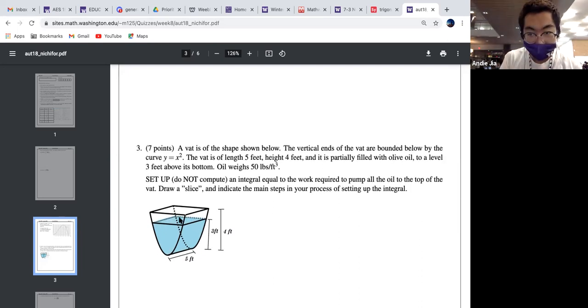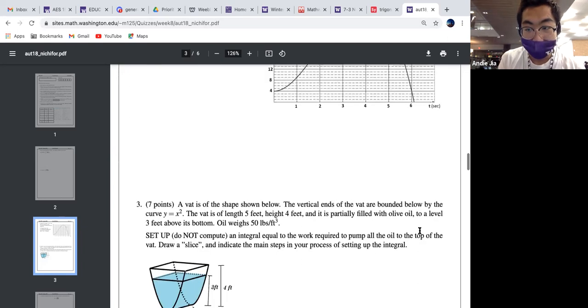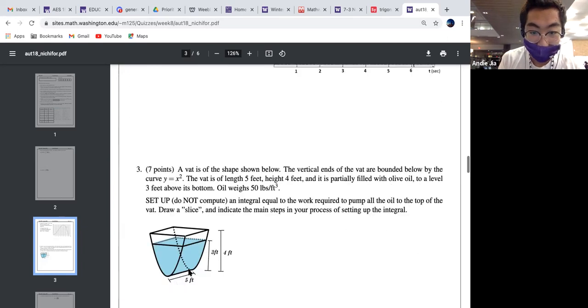So draw these lines here. Here y equals x squared. Here's the 5 and here's 4, and the height is 3. So the upper bound is going to be from 3 to 0.